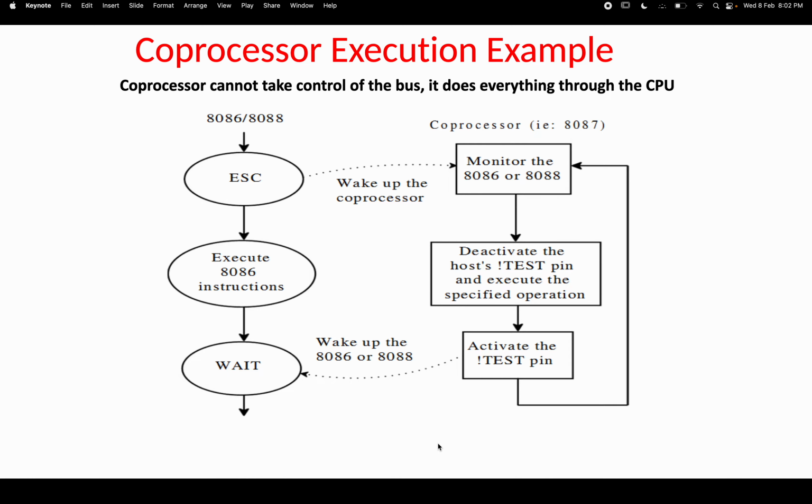During that time, the 8086 simply fetches the instruction and goes through it, and after getting the signal, the 8086 will continue its own work. So this is the flow of execution in coprocessor configuration.